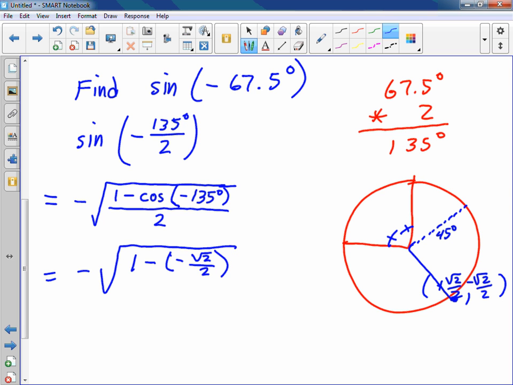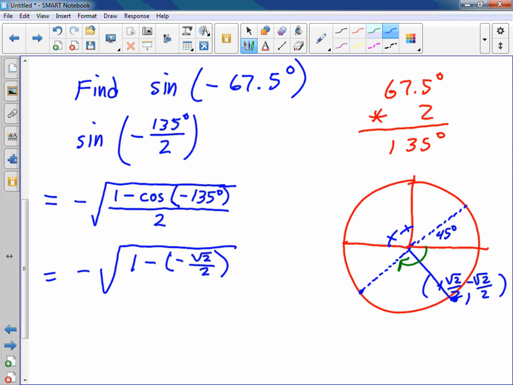And I should say negative 135 is going to wind up being over here. So again, got to kind of, in your mind, think about your quadrants. Negative 135 is going to wind up over here, looking like that. And then that angle is right there.